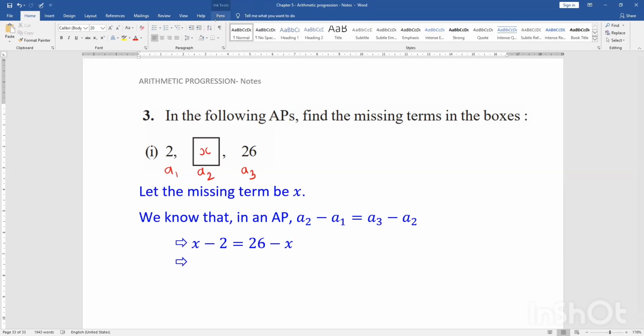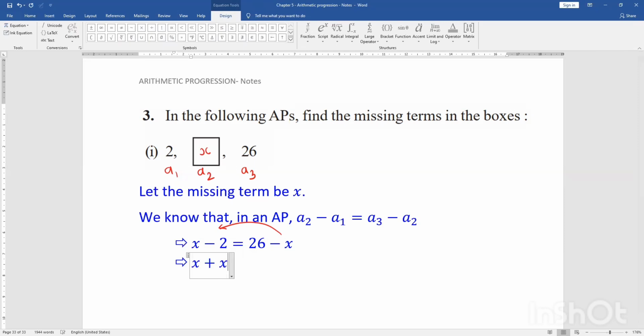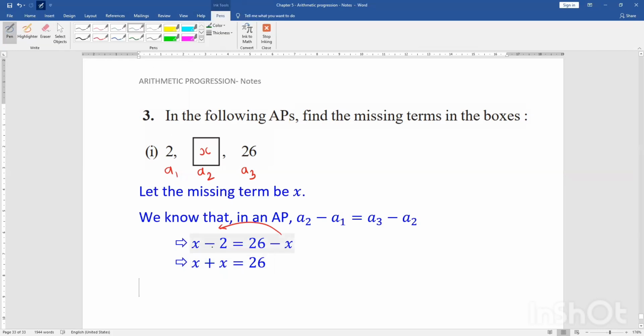Let me show you. Move this minus X to the LHS. So we get X plus X, and 26, and this minus 2 will move to the right hand side. Okay, so minus 2 moves to the right hand side. So we write it as plus 2.